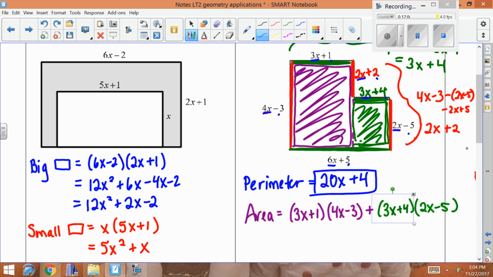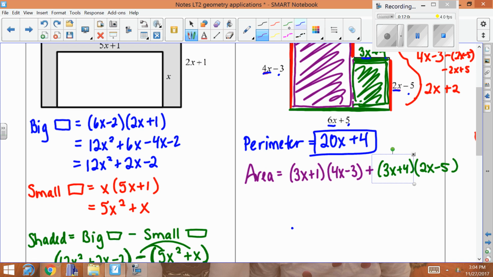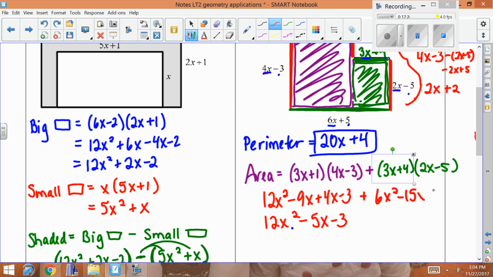So now we have to go about multiplying them. Just our normal double distributing that we would always do. So we get 12x squared minus 9x plus 4x minus 3. Let's combine those like terms together. Do the same thing for the other one here, and we get 6x squared minus 15x plus 8x minus 20.